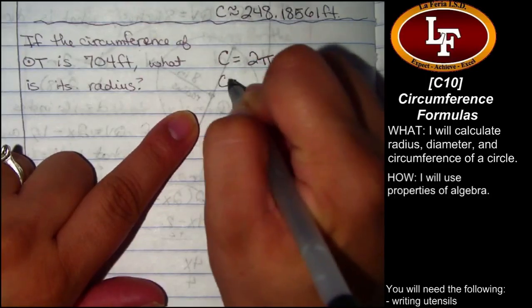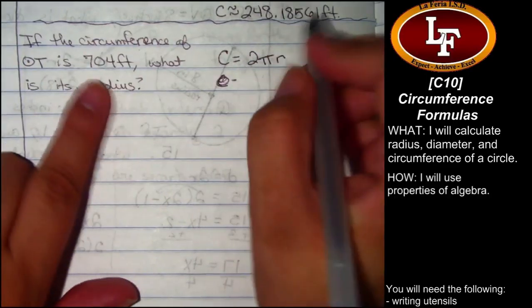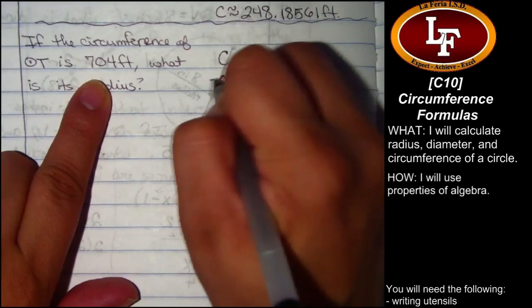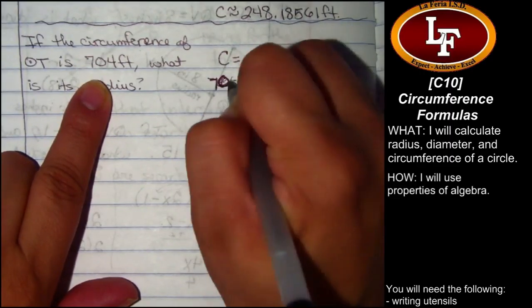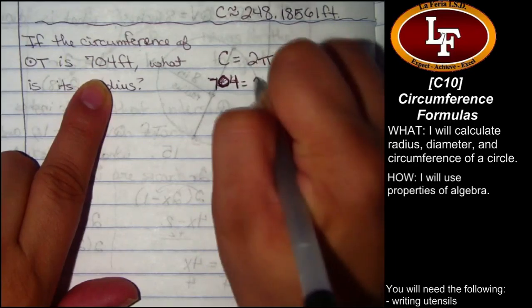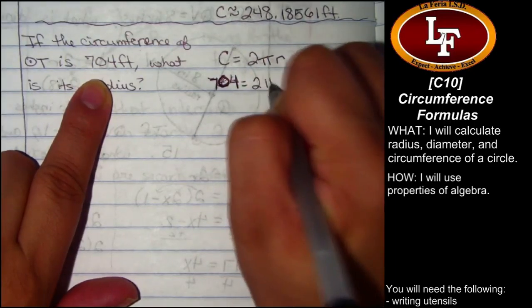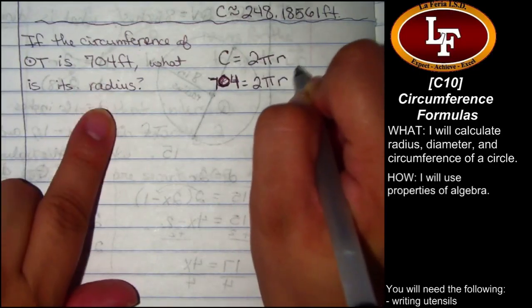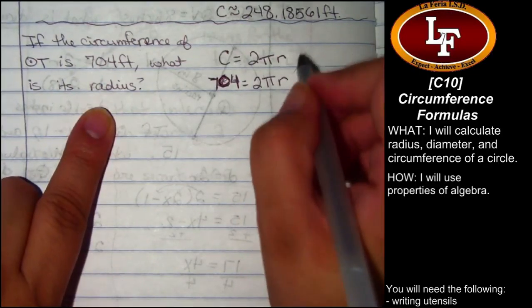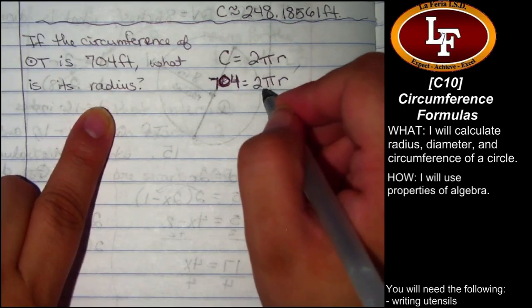So now I'm going to take this moment and start replacing the numbers that I know. Sorry, I thought that was going to be a C, but I'm going to change it to the C in 704 equals 2 times pi times the radius, but I don't know what the radius is. This is what I'm trying to solve for. And so I'm going to look at the operation between 2 pi.